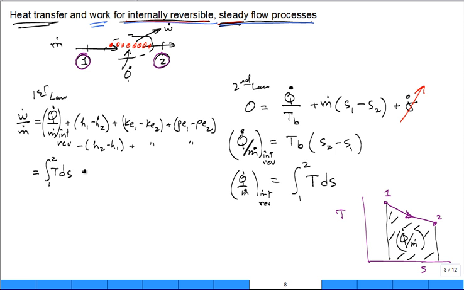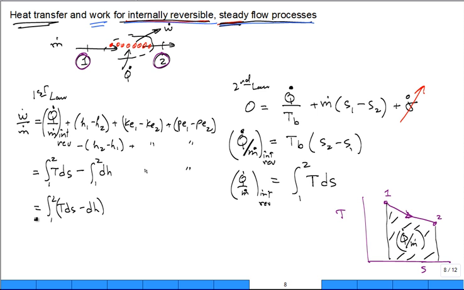So could I write that this is equal to minus the integral of dH from 1 to 2 with the kinetic energy and potential energy there? You see? So I can put these together so that you have the integral from 1 to 2 of TdS minus dH, if that makes sense.